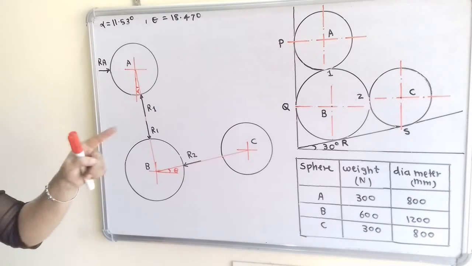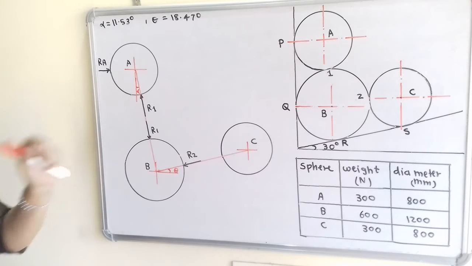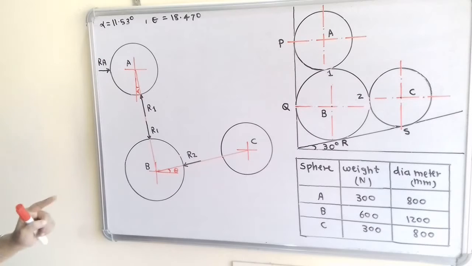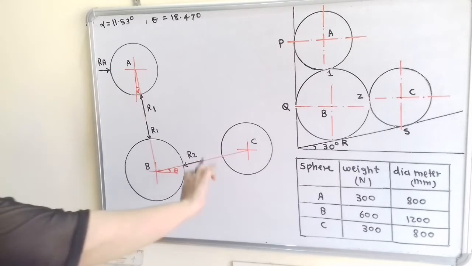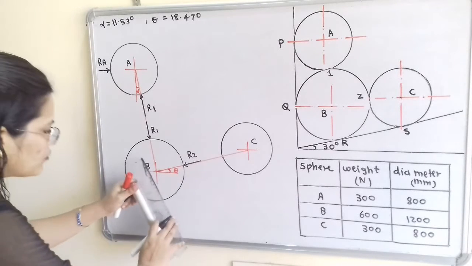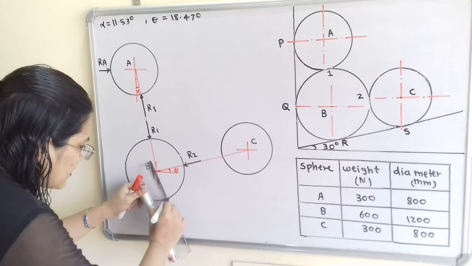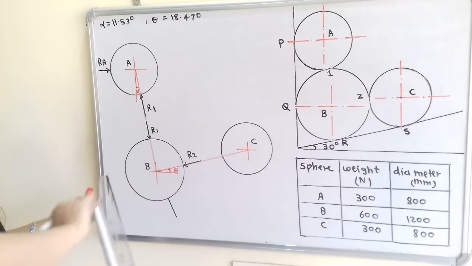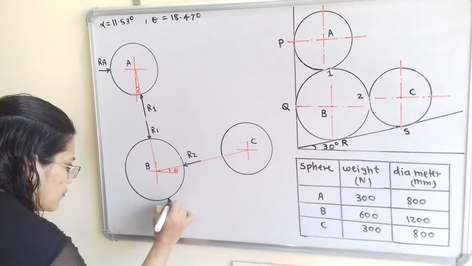Now there is the point of contact with the inclined plane R. So we have to draw one perpendicular line to the inclined plane passing through the point R. So here is the inclination of 30 degree. So we have to show here the line, that is reaction force R at the base R.